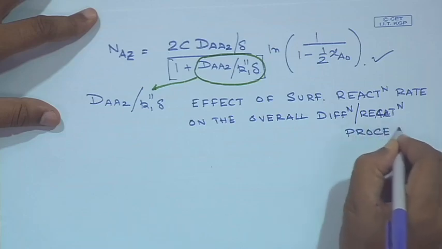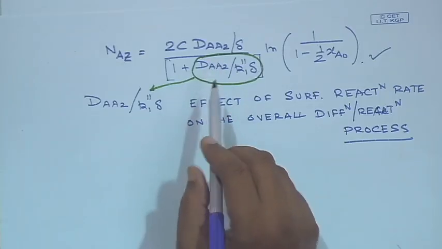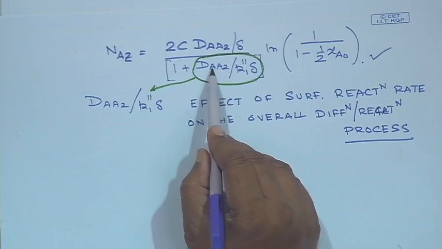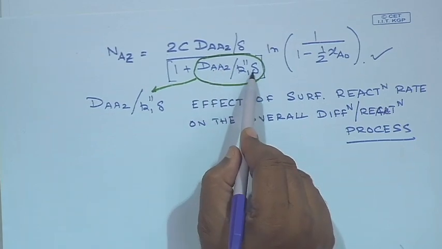The previous result which we have obtained for the case of fast reaction was a diffusion which is taking place, but here the process is governed not only by diffusion, also by the reaction, the rate of reaction which is taking place on the catalyst surface, and the dimensionless group which is an indicator of the effect of reaction in this diffusion process is essentially what we have in the denominator, the diffusion coefficient of A in A2 divided by K1 double prime delta.